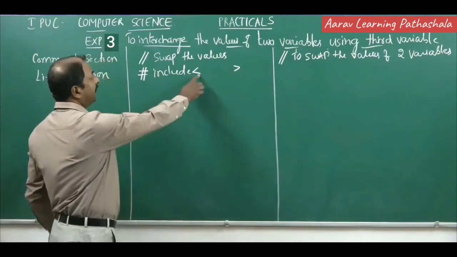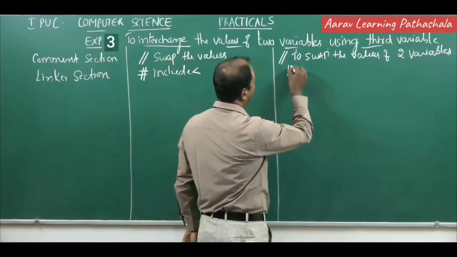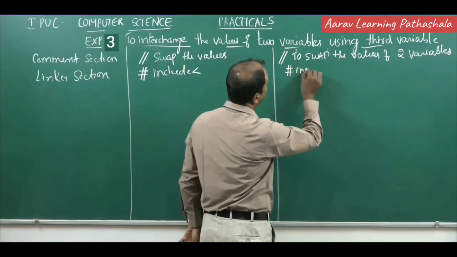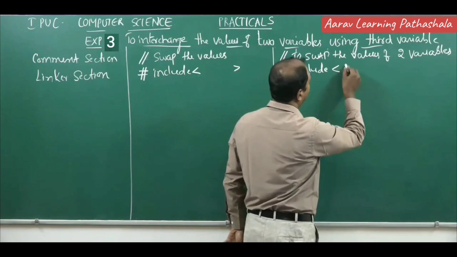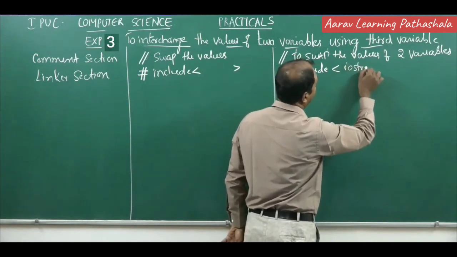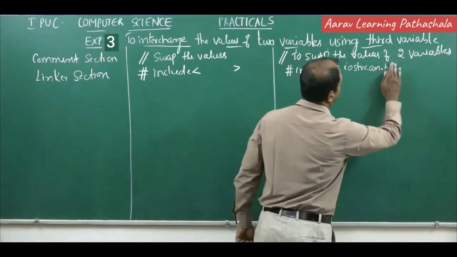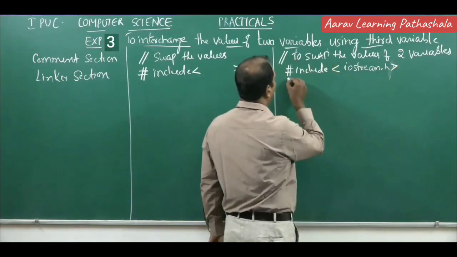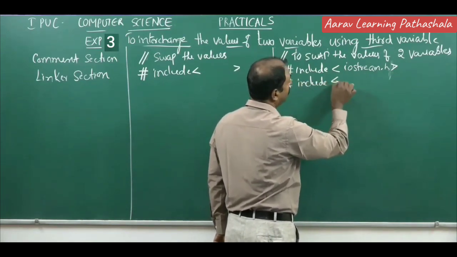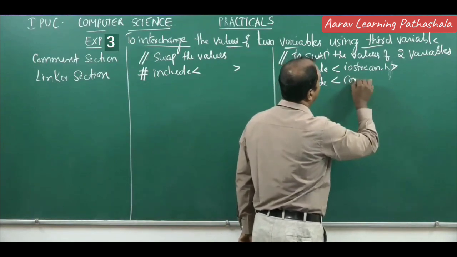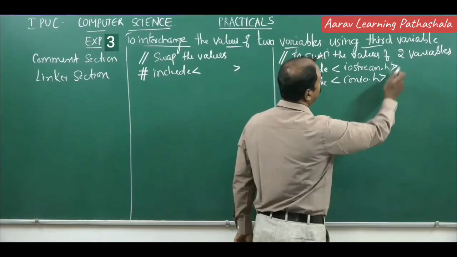So this is hash include, and in this example I can write the standard header file: include, angle bracket, iostream.h, and one more header file, include conio.h, and here no semicolon.